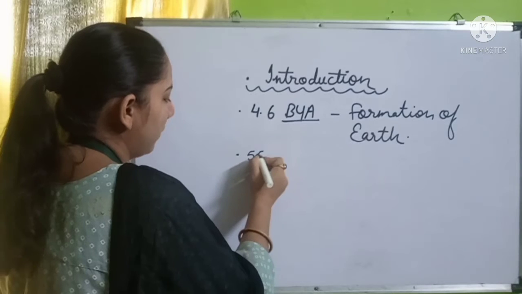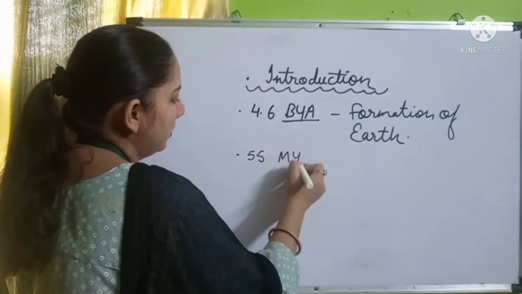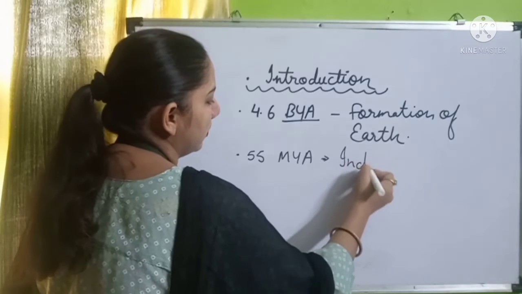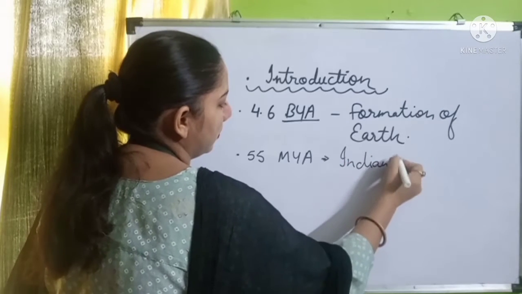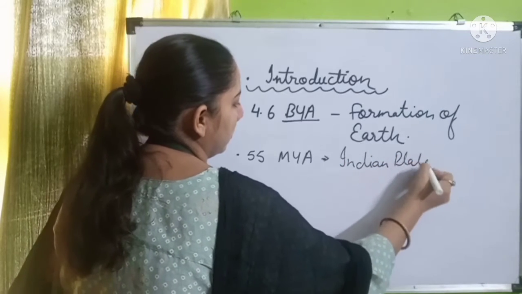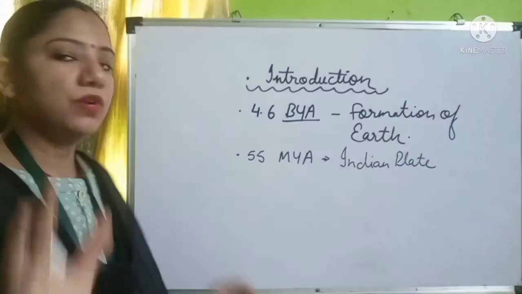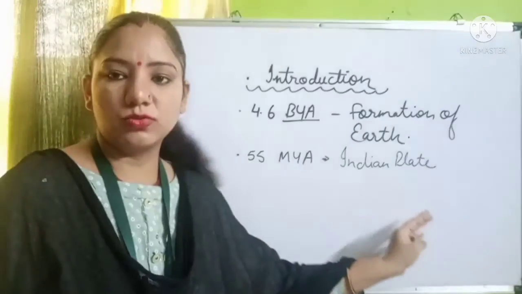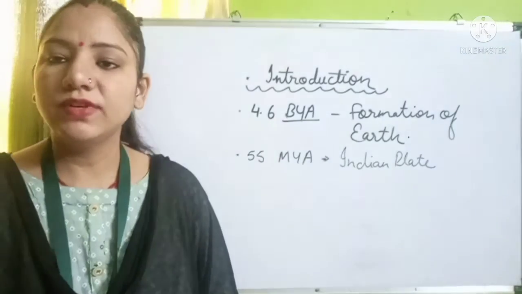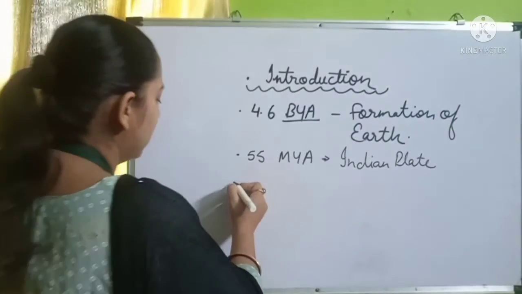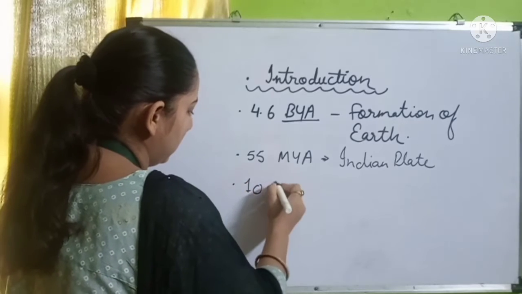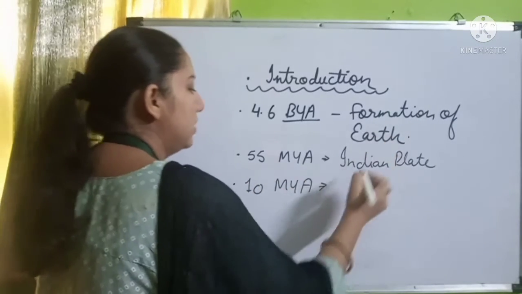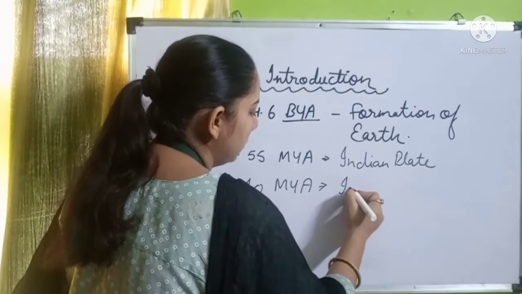Around 55 million years ago, the Indian plate started to shift towards the north, and after that, around 10 million years ago, the Indian plate merged with the Eurasian plate.